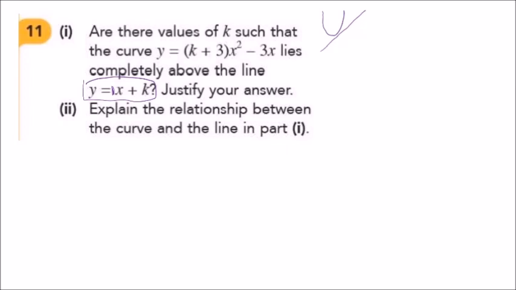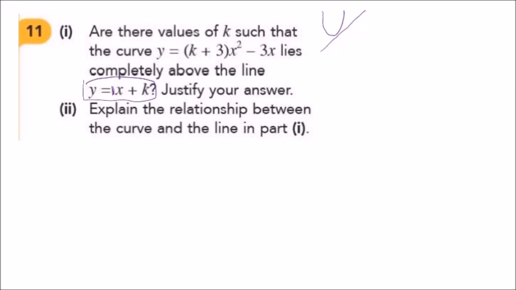So likewise, we cannot use b squared minus 4ac less than 0. We need to find the values for b squared minus 4ac and see what kind of values we get.